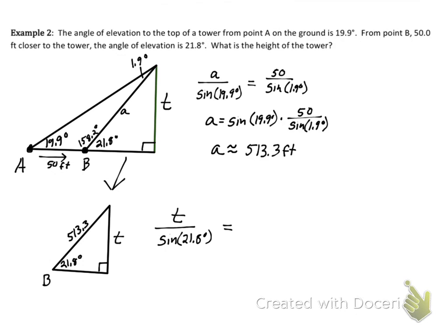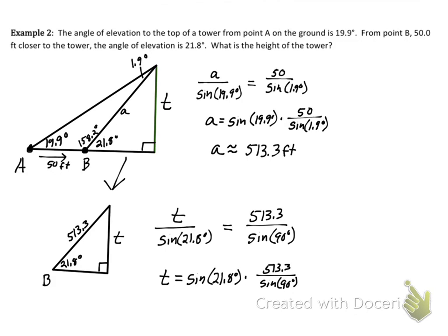equals 513.3 over sine of 90 degrees. So T is going to equal the sine of 21.8 degrees times 513.3 over sine of 90 degrees.